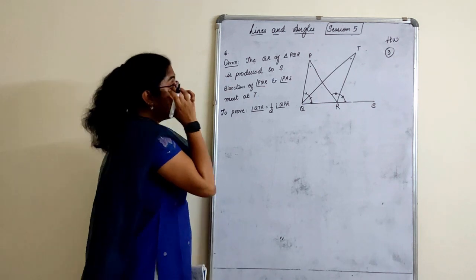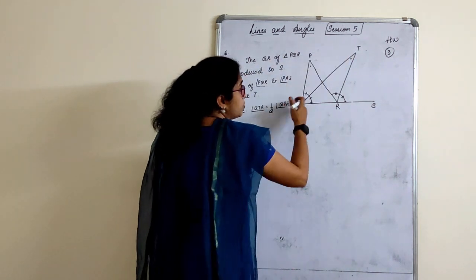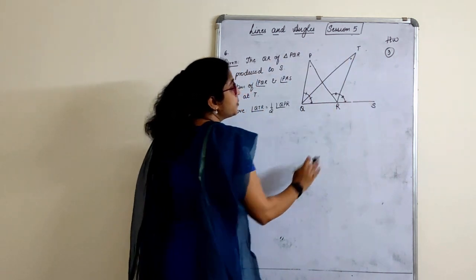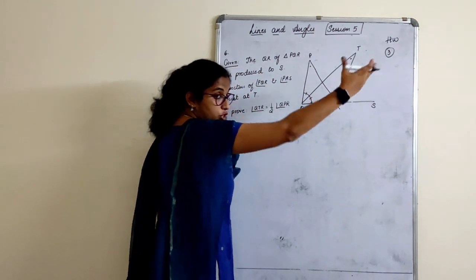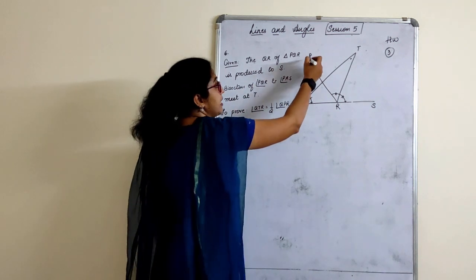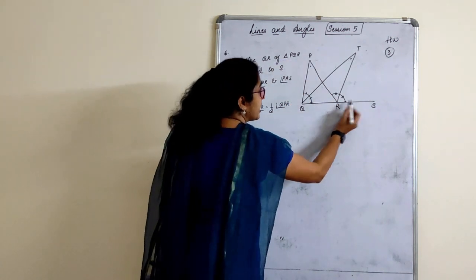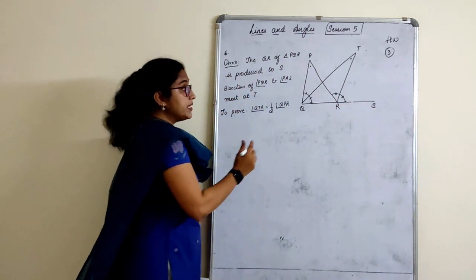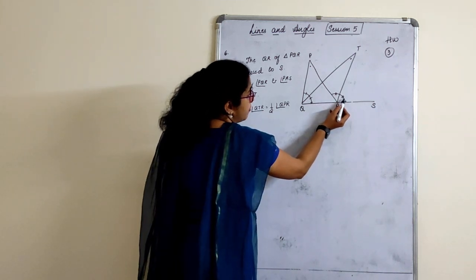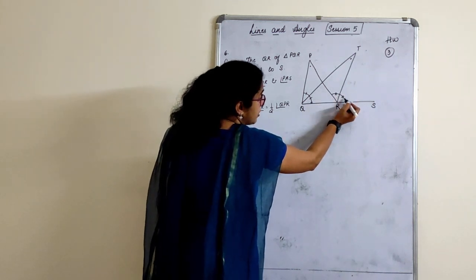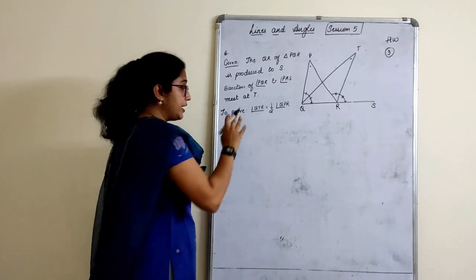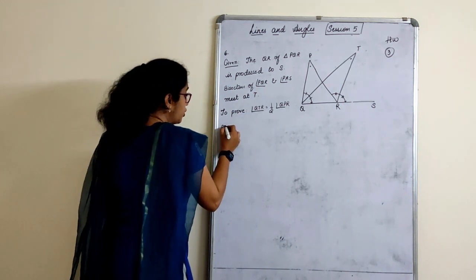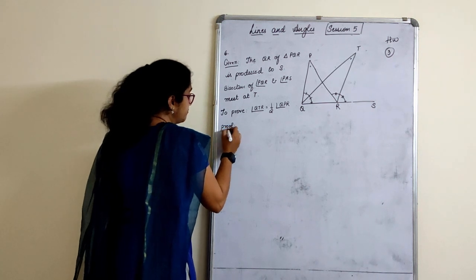Now which are those triangles? One triangle is TQR, with respect to QR as the right line, so with respect to RS which is produced. Another triangle is PQR where again RS is produced. That means this angle what is formed and this angle what is formed is nothing but the exterior angle of two different triangles. Okay. Let's start with what we know from the given figure.